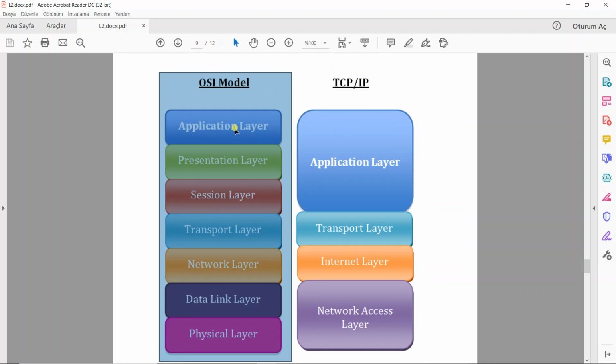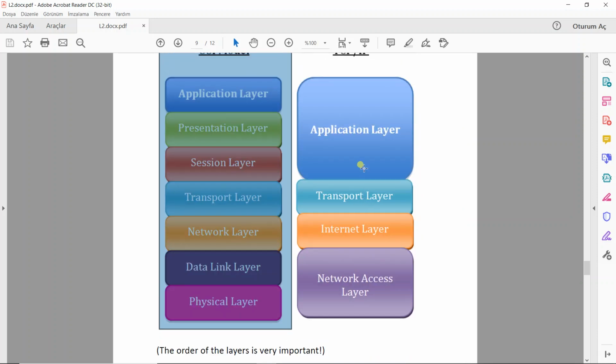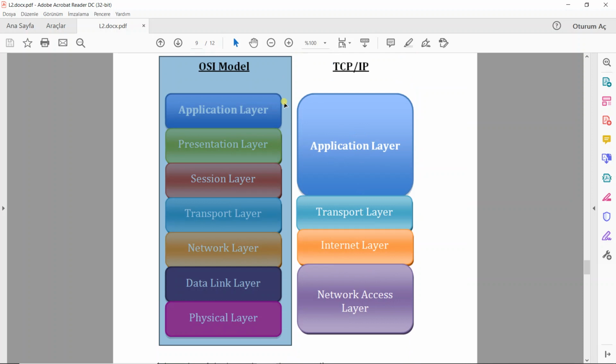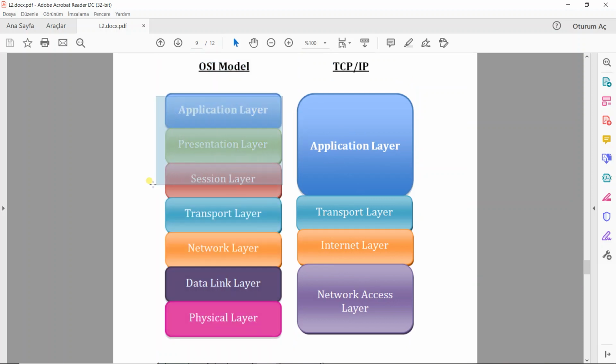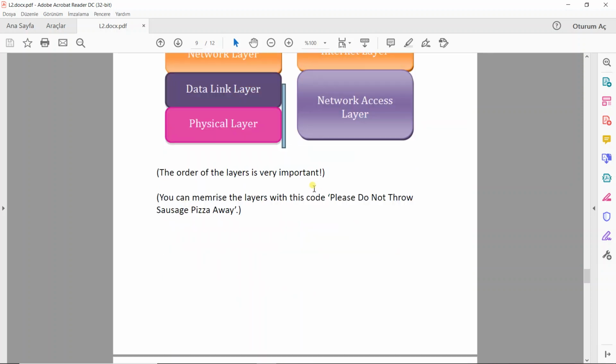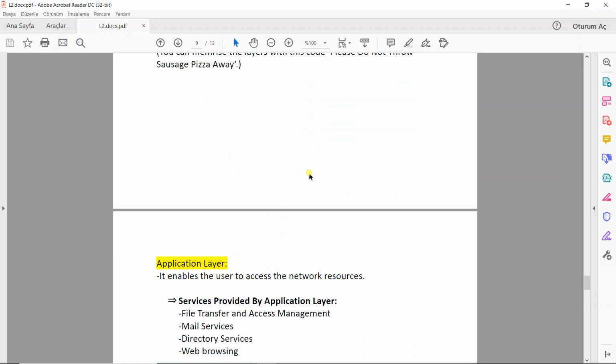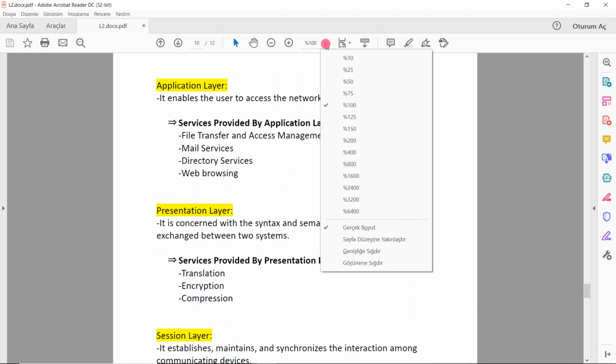But it's good to at least remember their order, because if you put presentation above application, it will be wrong. So you have to memorize them in order: application, presentation, session, transport, network, data link, and then physical. And if I tell you to map them to TCP/IP, you just tell me the first 3 layers are application. The transport layer remains the same. The network layer we call internet. And the last 2 layers we call network access. The order of the layers is very important.